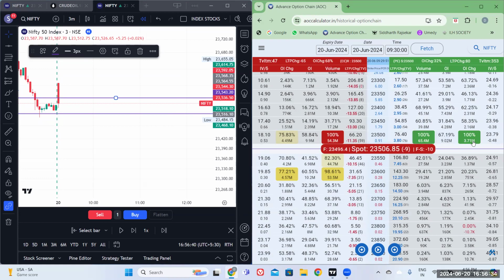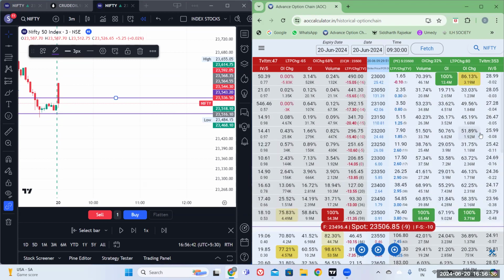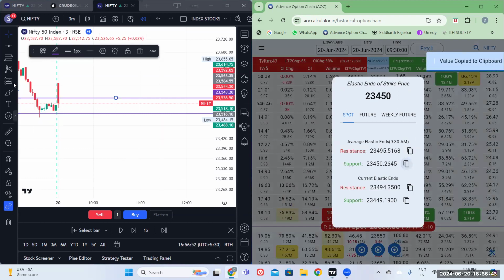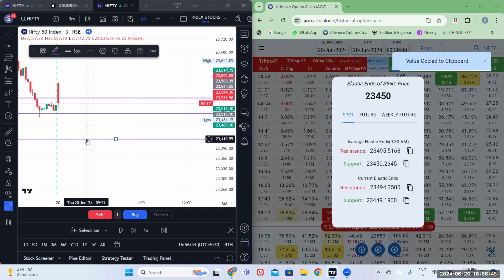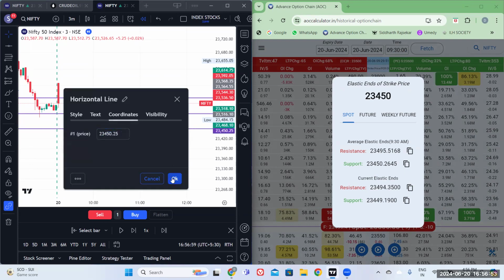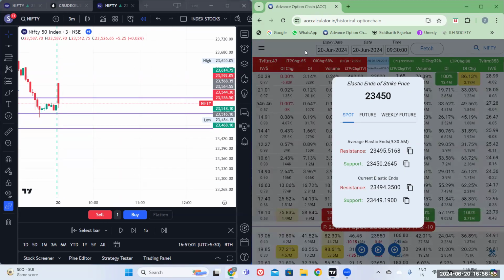Since this support is weak towards the bottom and volume is intact, whenever such a situation happens, the market can go one diversion lower. So I'm putting this support at one diversion. This channel itself is one diversion.